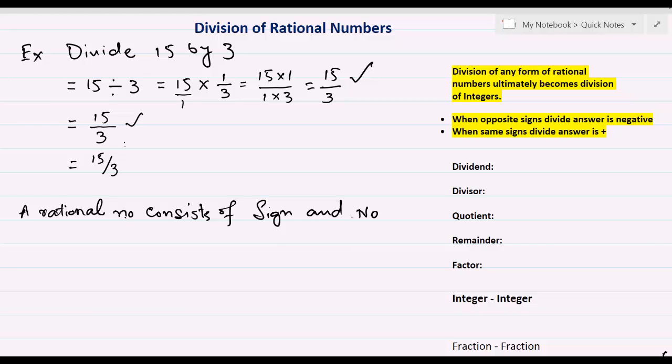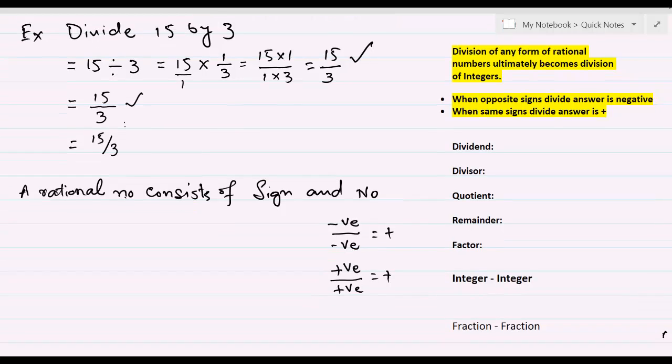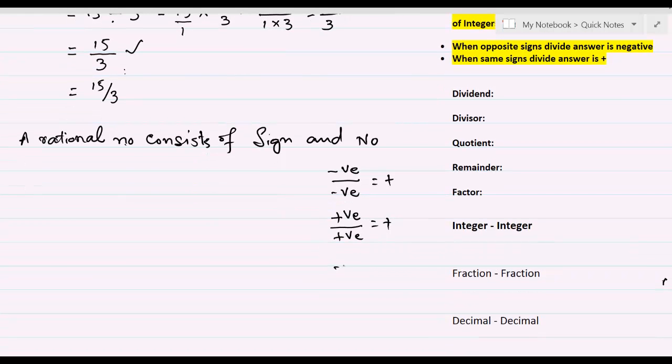So we first learn how we divide signs. If we divide similar signs, like a negative number divided by another negative, the answer will be positive. And if we have positive divided by positive, the answer is positive. And negative divided by positive, the answer is negative.